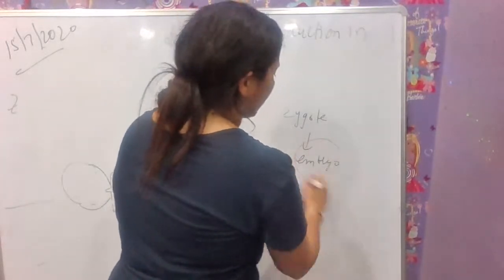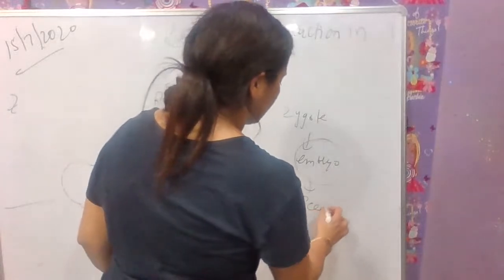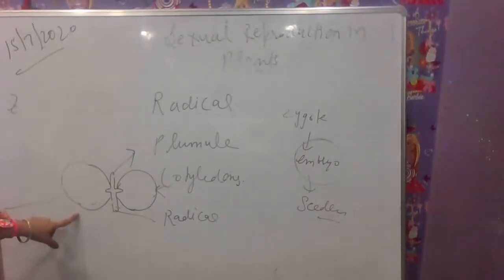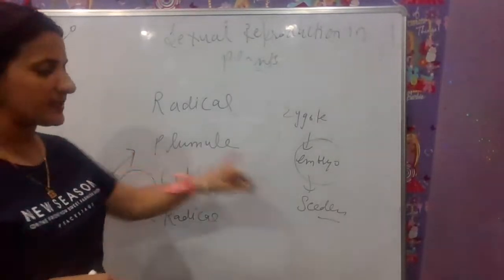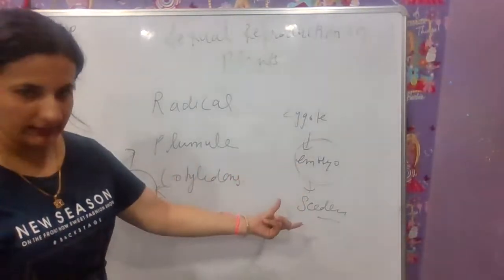Embryo. When embryo gets favorable conditions, proper light, water, it will form a seedling, which consists of a future plant. ठीक है, इसमें क्या होता है? The process of development of seedling from a seed. Seed से seedling हुआ, embryo के बाद seed बना, seed से seedling.